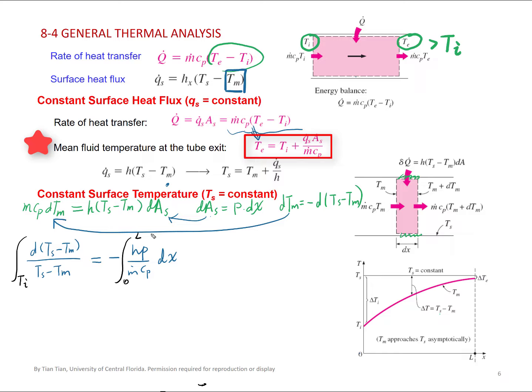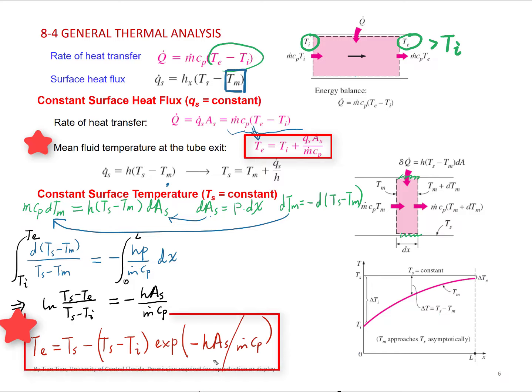At x is L, the exit, the fluid temperature is Te. From this, we get the natural log of (Ts minus Te) divided by (Ts minus Ti). It is negative hAs over m Cp. By rearranging this equation a little bit, we get an important equation.